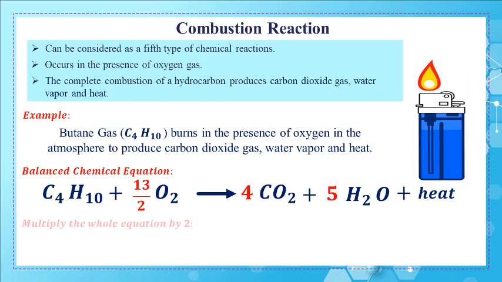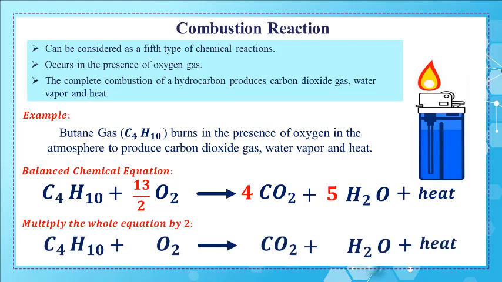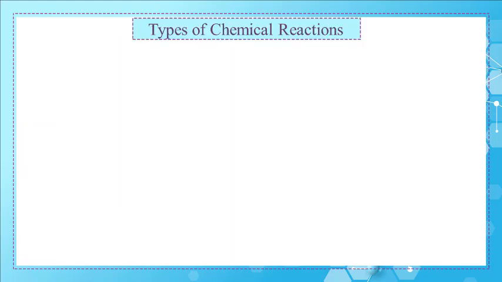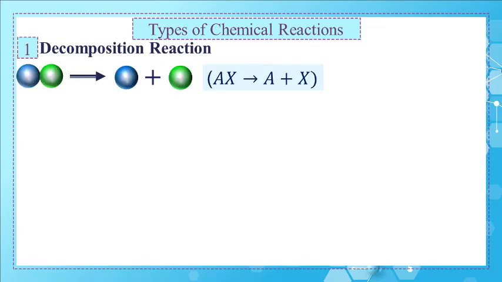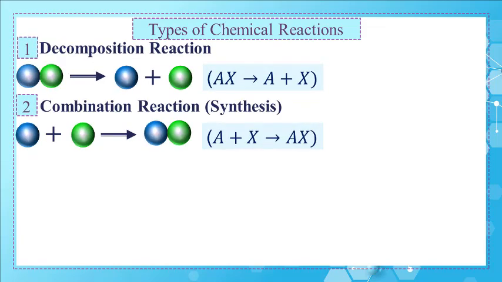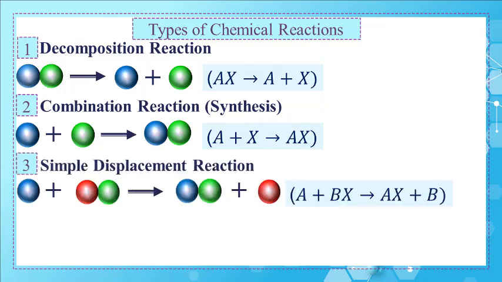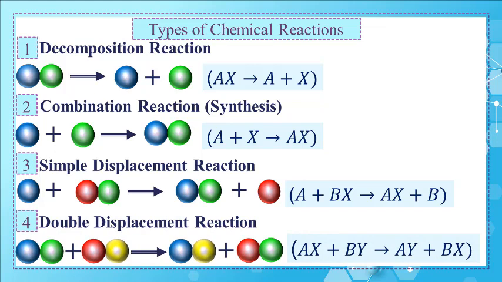To get rid of the fraction, you should multiply the whole equation by 2. 2C4H10 plus 13O2 gives 8CO2 plus 10H2O plus heat. Therefore, generally there are 4 types of chemical reactions: decomposition reaction, combination or synthesis reaction, simple displacement reaction, and double displacement reaction.